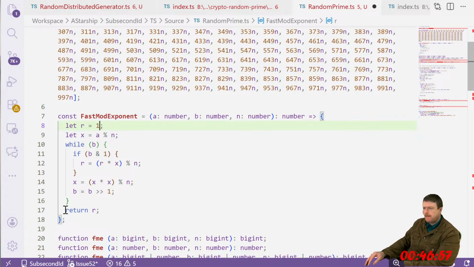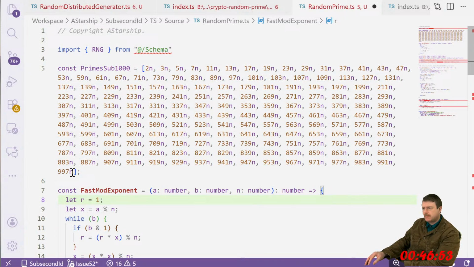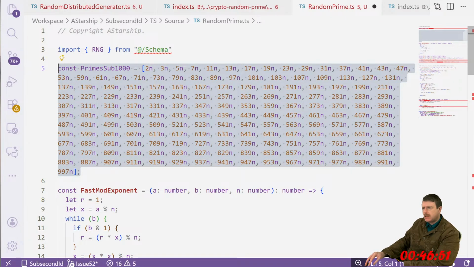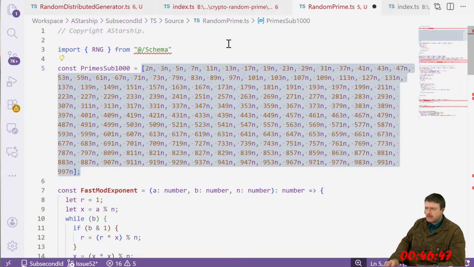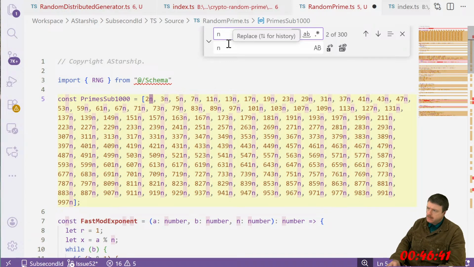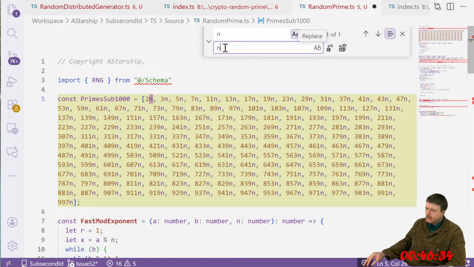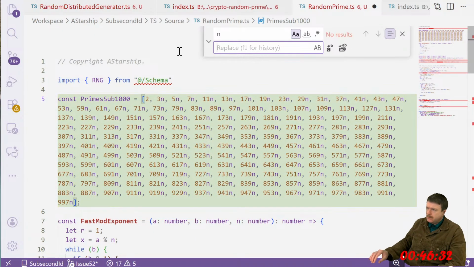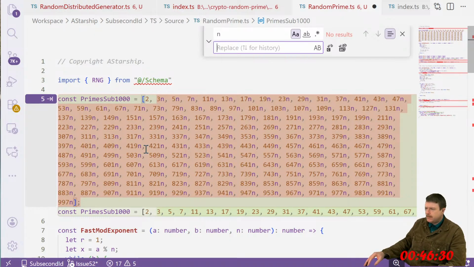Okay. Just do the ends in here. I hate when that happens.